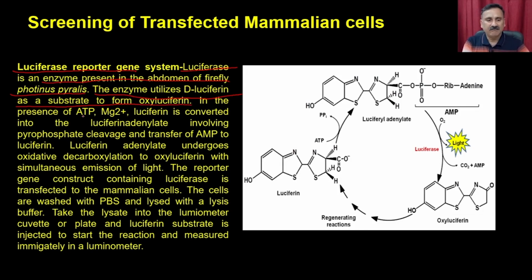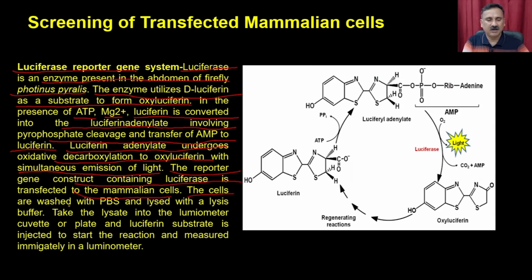In the presence of ATP and magnesium, luciferin is converted into luciferin adenylate, involving pyrophosphate cleavage and transfer of AMP onto the luciferin, and the luciferin adenylate undergoes oxidative decarboxylation to form oxyluciferin, with simultaneous emission of light.